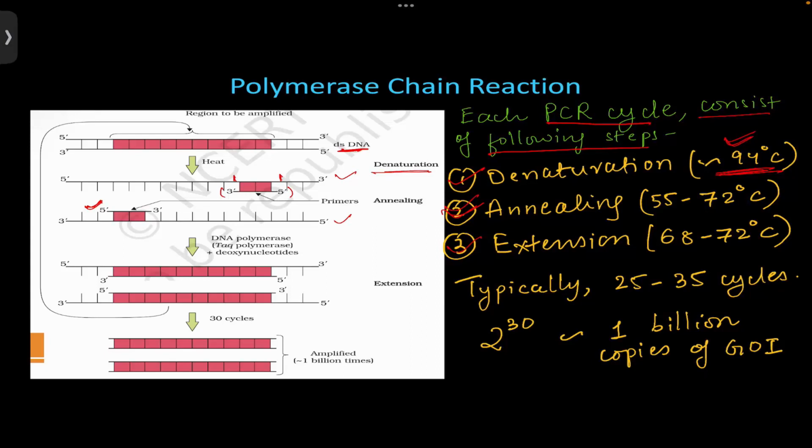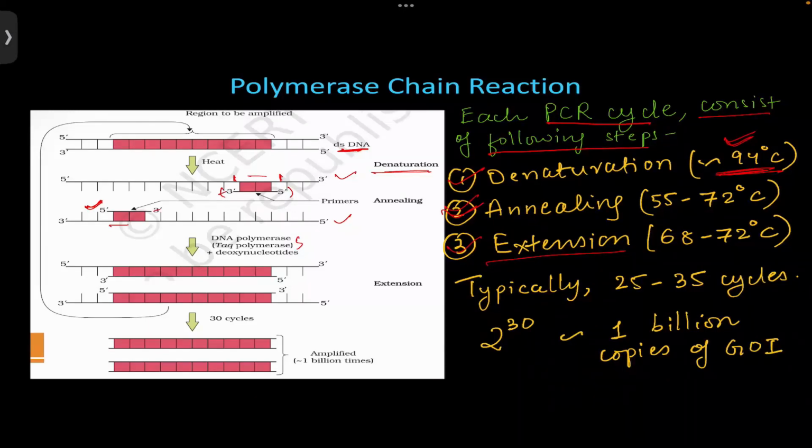So once these primers have complementarily bound with the small regions of these two single strands, then comes the extension step. Extension refers to the synthesis step, that is the polymerization reaction step, where due to the action of DNA polymerase, here Taq polymerase, deoxynucleotides are added at the 3' ends of the primers.